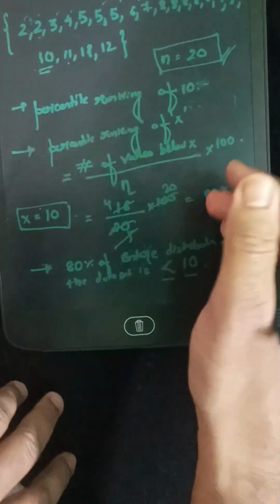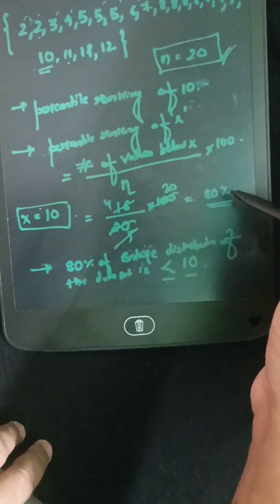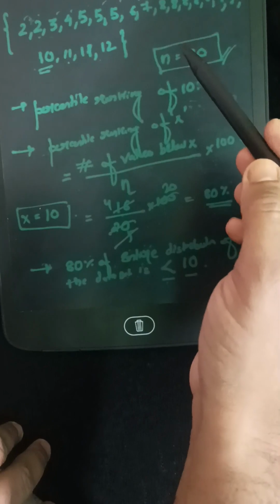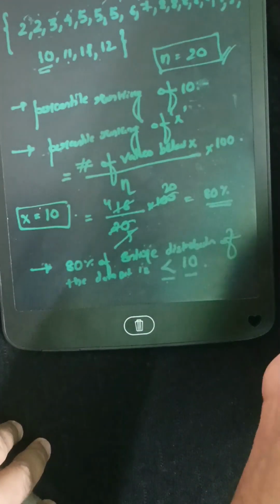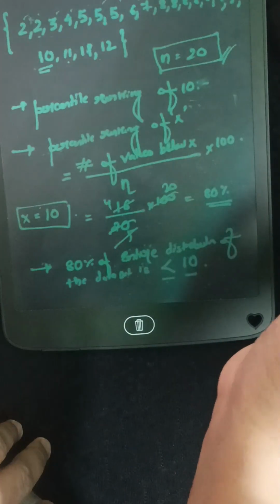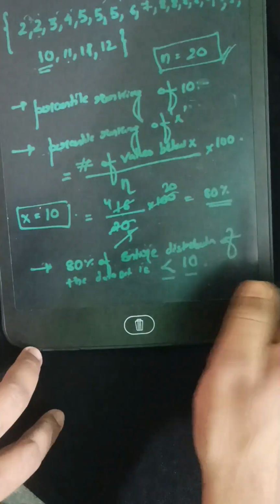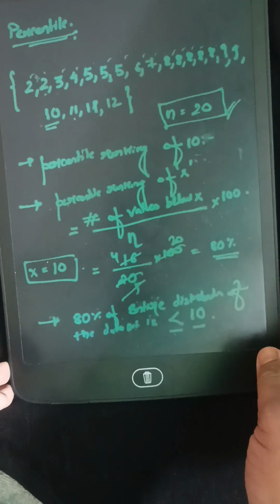Basically we have 80% of the elements within the data set of total 20 elements less than 10. Okay, I think this is visible. Please take a screenshot of this following.